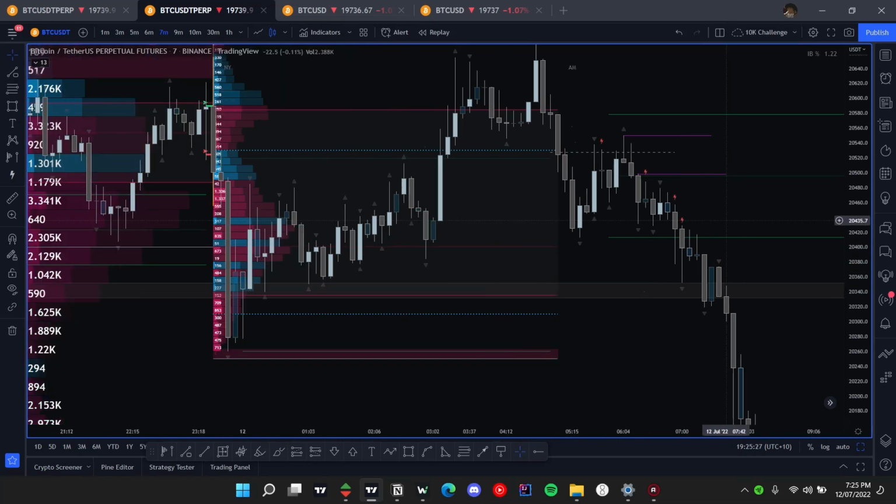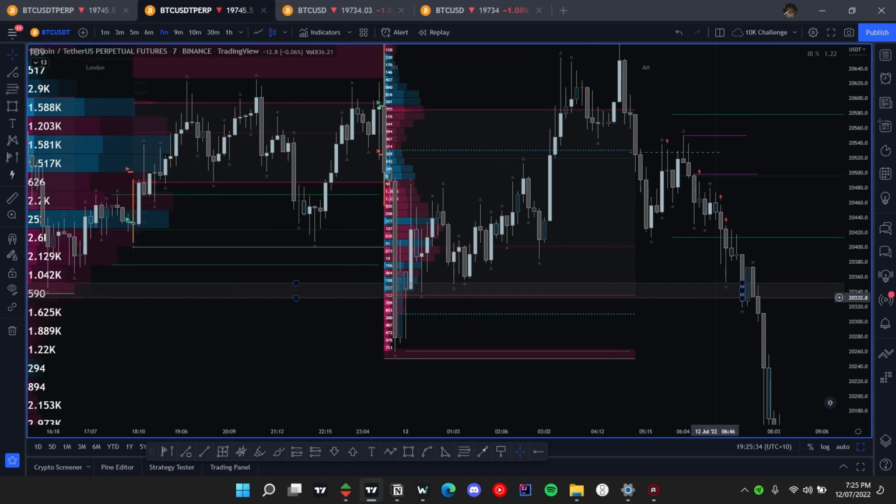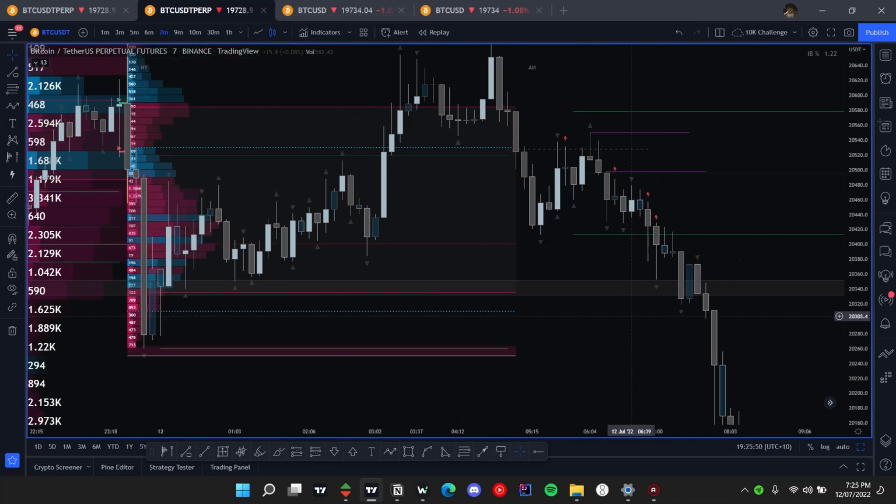Another thing I could have done better: when I saw the price break down below the value area low, even though there was no retest, it was actually a retest if you look here, high, low, 2. So at this level, I might have decided to short again.